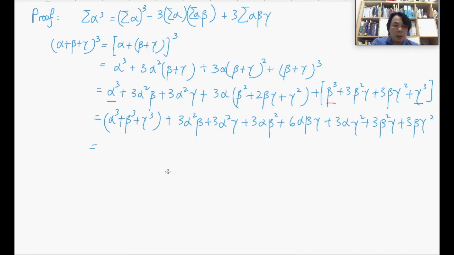Okay, now the 6 we're going to leave out. We're going to factorize the rest if we can. So we see whether we can do anything with this one here. Let me see. We can take out alpha and gamma, and then we can take out alpha. Yes, correct. Okay, so let's give it a try.